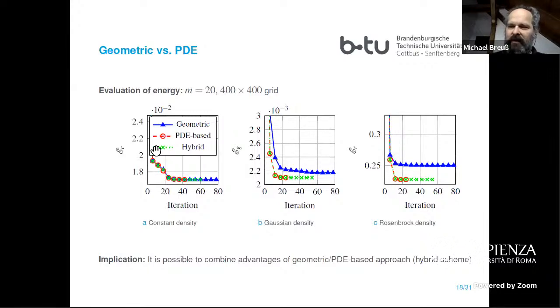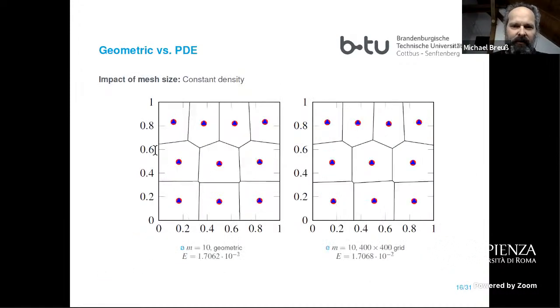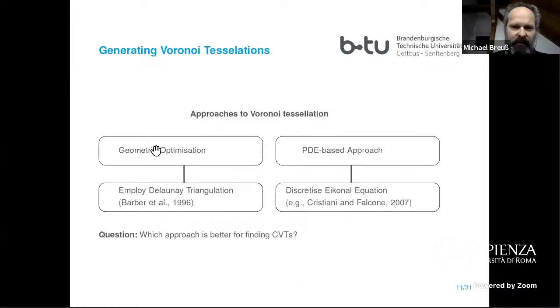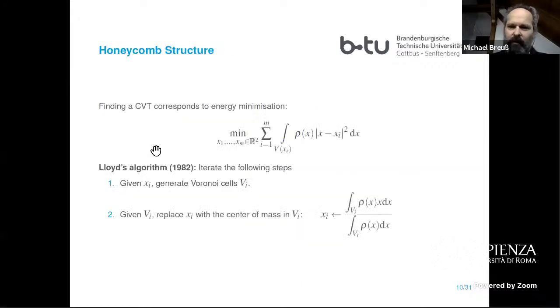When you have the geometric method, and let's go back just to the very beginning of this investigation, if you want to replace the nodes with the center of mass, you have to evaluate these integrals. If you have no grid, you need to approximate these integrals somehow.